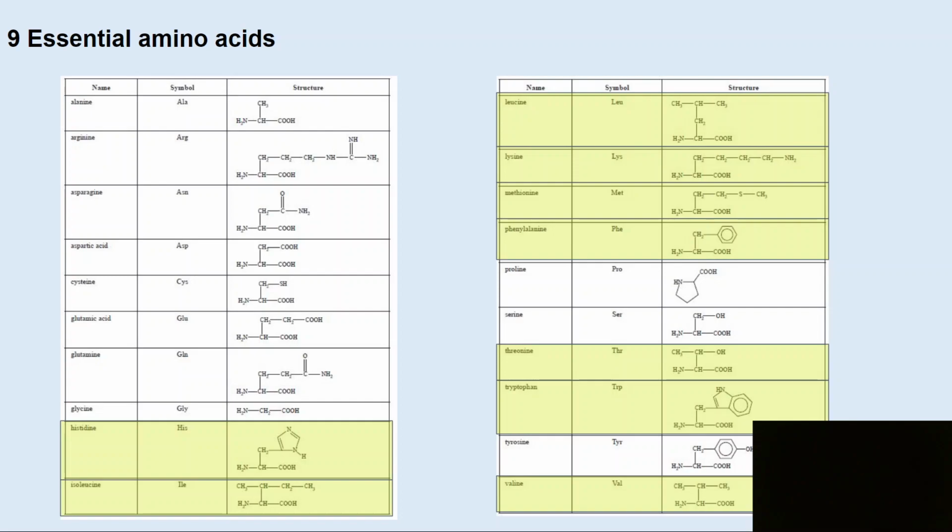So our 9 essential amino acids are histidine, isoleucine, leucine, lysine, methionine, phenylalanine.